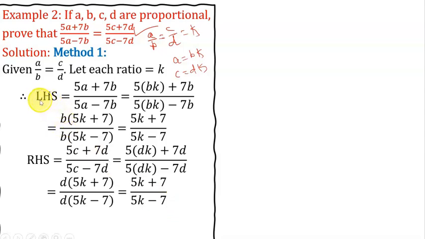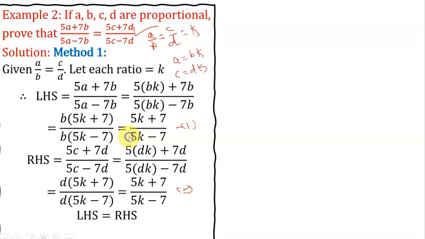That is, for the LHS you have (5k plus 7) upon (5k minus 7), and for the RHS, (5k plus 7) upon (5k minus 7). Therefore, from 1 and 2, LHS is equal to RHS, and hence we have proved that (5a plus 7b) upon (5a minus 7b) is equal to (5c plus 7d) upon (5c minus 7d). In this way, we have proved it.